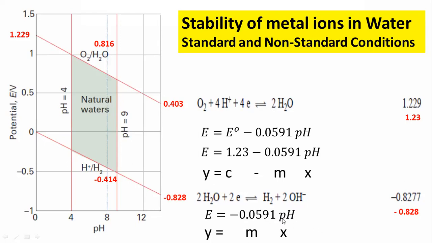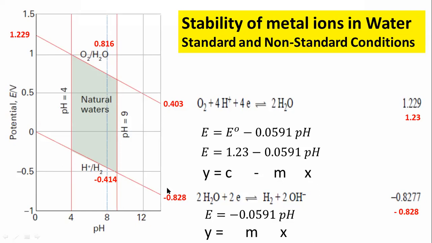You put the value of 7 over here and multiply, and because it starts from 0 and goes towards the minus sign, the value is minus 0.414. When you put the value of 14, you get minus 0.828.